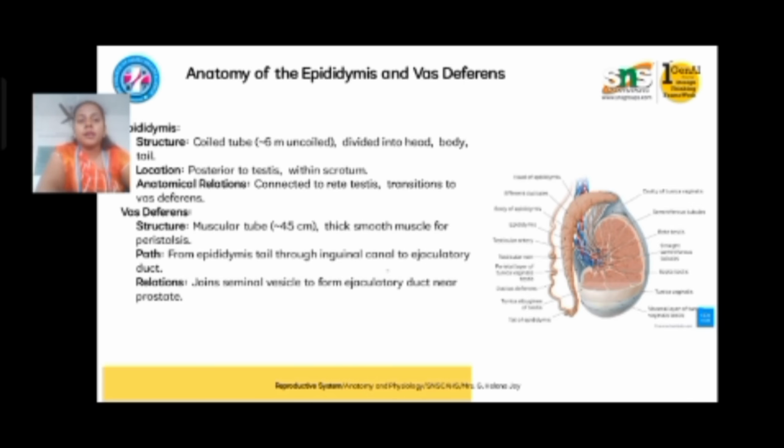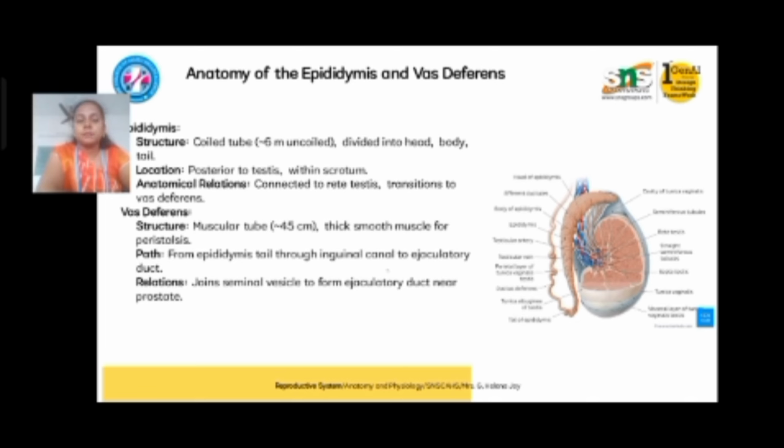Now the anatomy of the epididymis and vas deferens. The epididymis is a coiled tube structure, divided into head, body, and tail. It is located posterior to the testis within the scrotum, and anatomically it is connected to the rete testis and to the vas deferens.